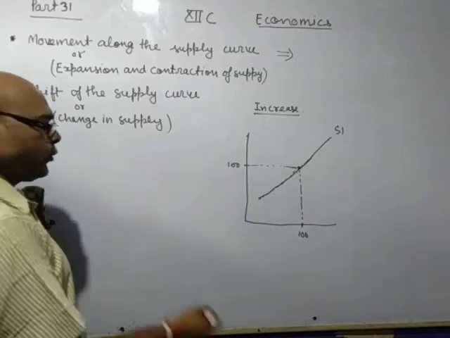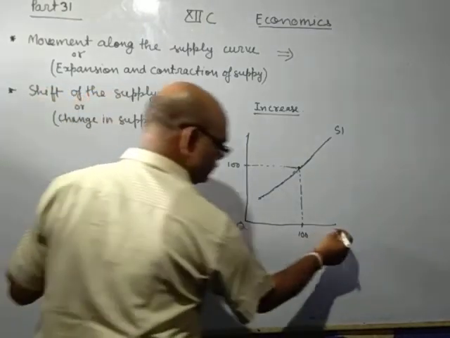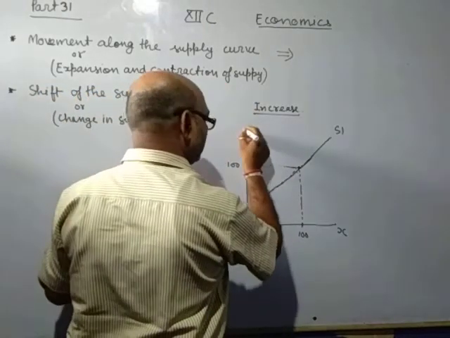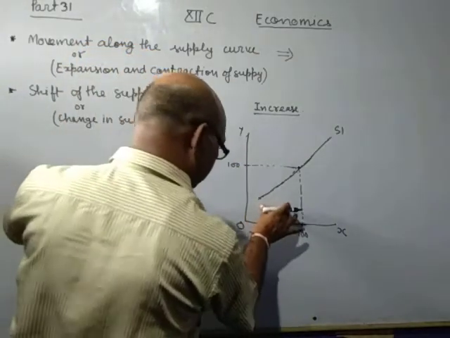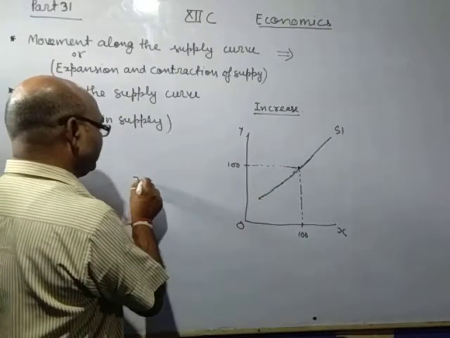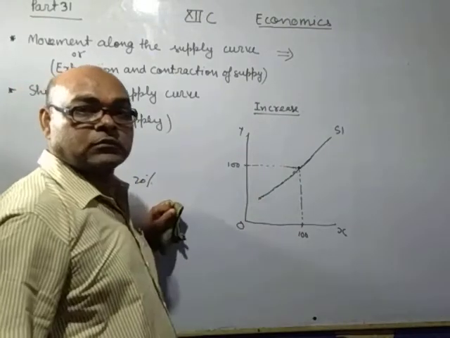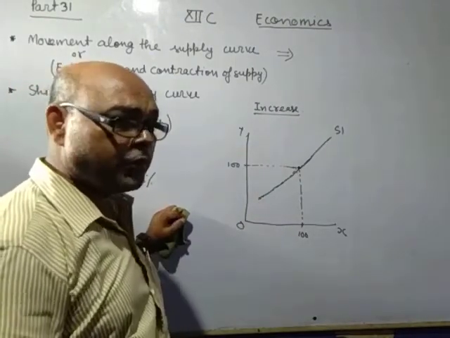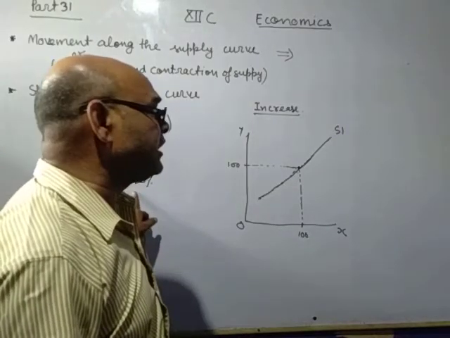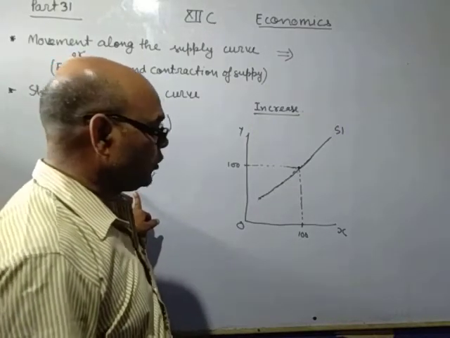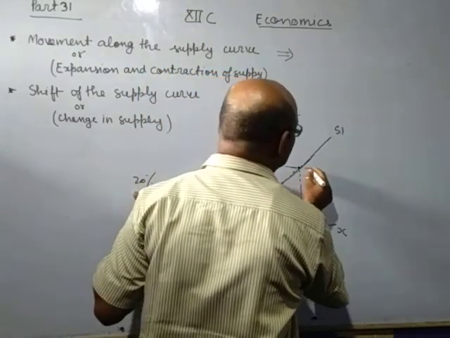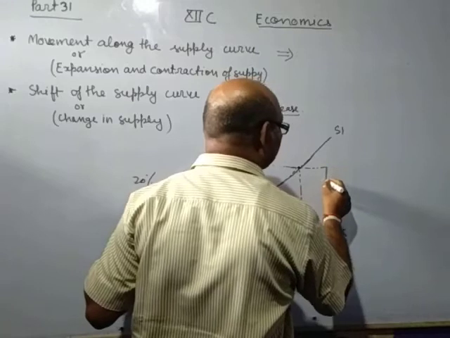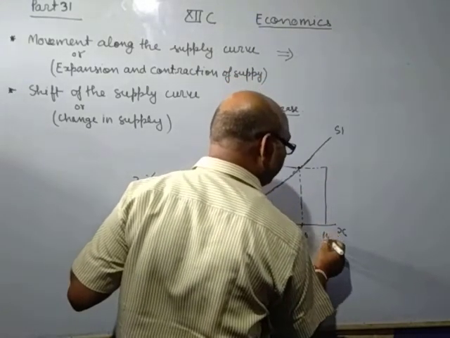Now the government provides a subsidy of 20% on this product. Now the producer's profit will be increased by 20%, and at the same price he will be ready to supply 150 units.